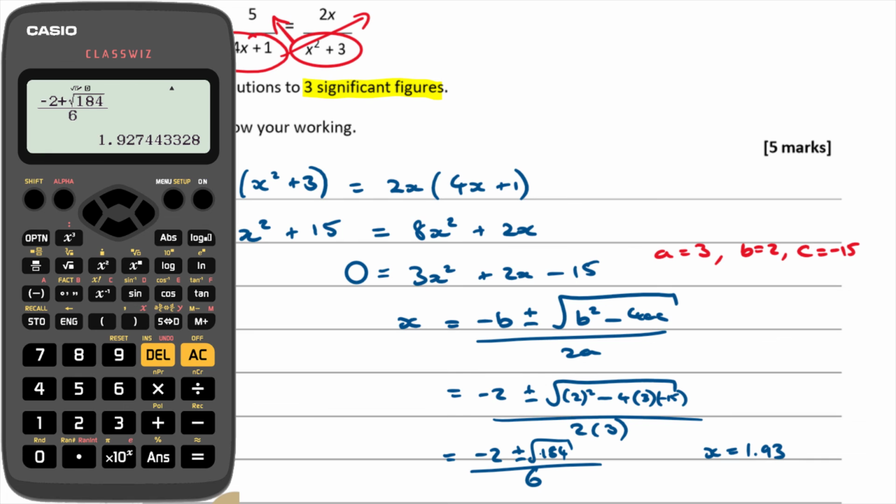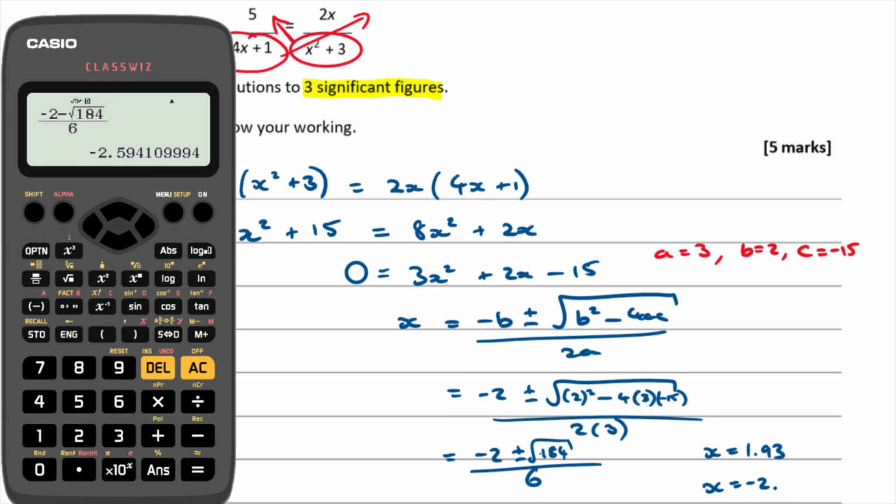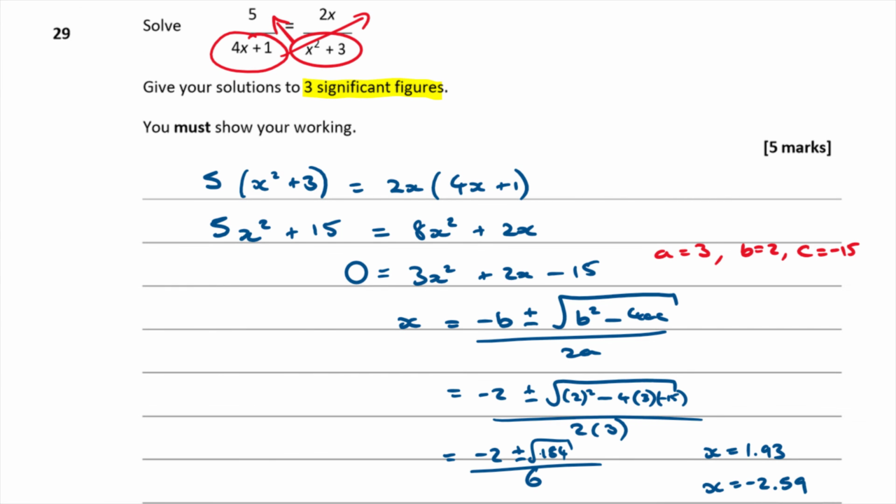Now I'm just going to press the back button and change my plus to a minus and press equals. That comes out to be minus 2.59, so x equals minus 2.59. Okay, I think we're done.